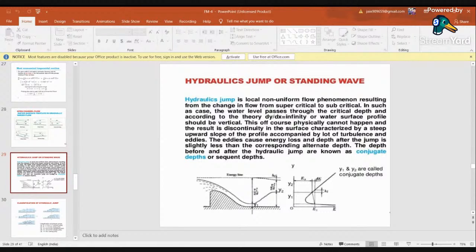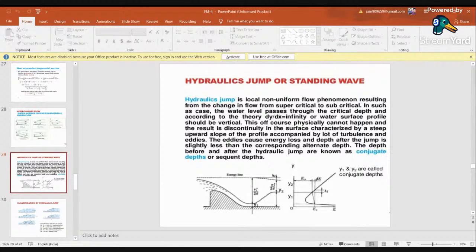Hydraulic jump is necessary to reduce the energy of water while the discharge falls in a spillway. What is happening from the upstream side to the downstream side? There is a huge amount of energy which cannot be passed. So because of this, there is either an artificial jump or a natural jump, and there will be a reduction in the energy, and it becomes necessary to reduce its energy and maintain stable velocity.